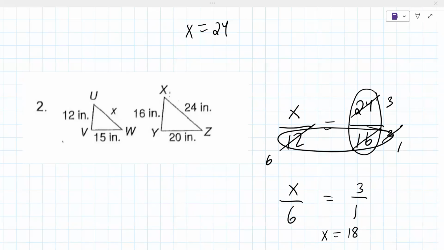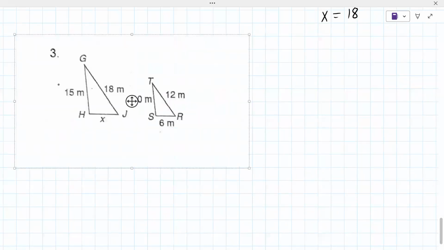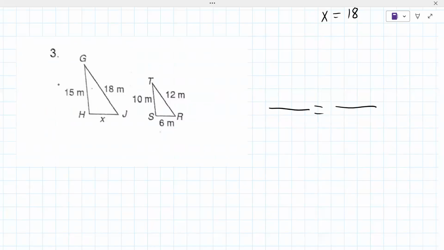Number 3. All right, go ahead and set up the proportion for us, please. X over 6 equals 15 over 10. Okay, now you switched it up in this problem, and this is fine. This is correct. You made the tops the first triangle and the bottoms the other triangle, which is fine. You just got to be consistent.